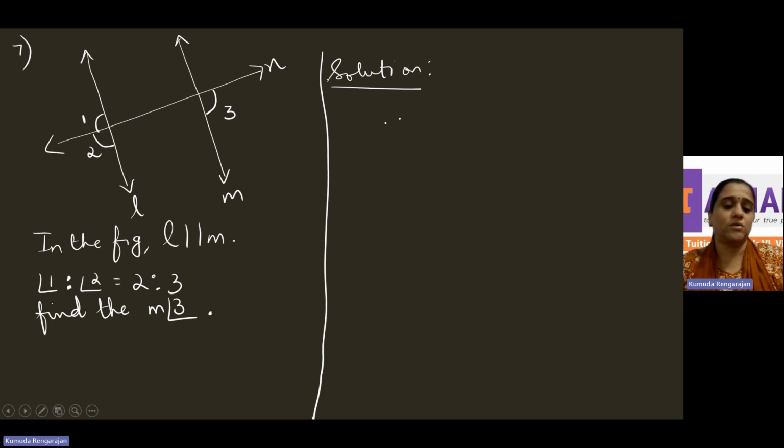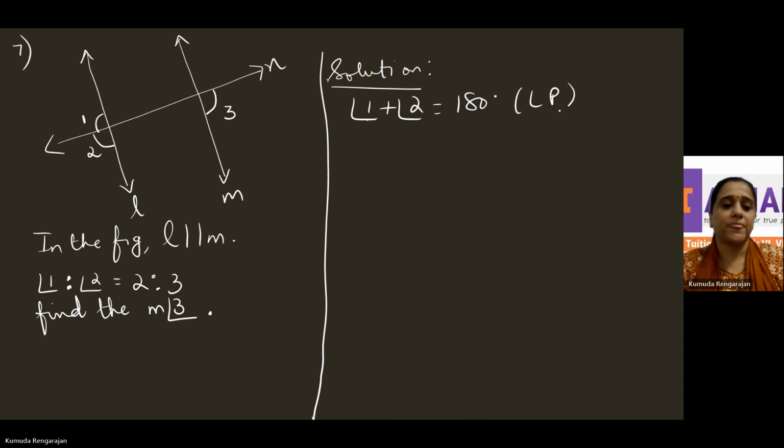All right. Now, what is the relation between angle 1 and angle 2? Tell me. Sorry, linear pair. They form a linear pair. So you start with that. Angle 1 plus angle 2 is equal to 180 because linear pair. Now, what is the ratio? 2 is to 3. So what is angle 1? 2x. What is angle 2? 3x.